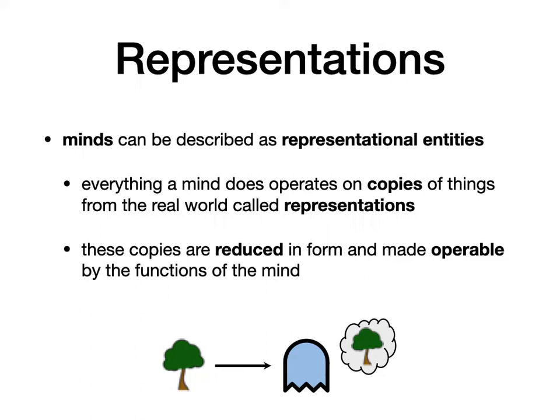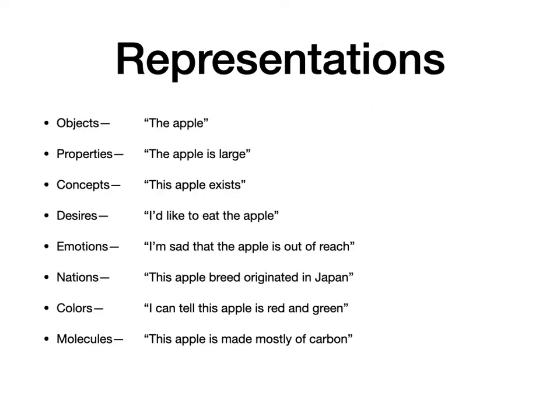And these copies are reduced forms that are operable in the functions of the mind, right? So it's not the raw pattern of light that the mind is interested in. It's what that light signifies. What does it mean about the outside world? Is there a tree or is there a person? I need to know the difference between those two things. So, lots of representations available.